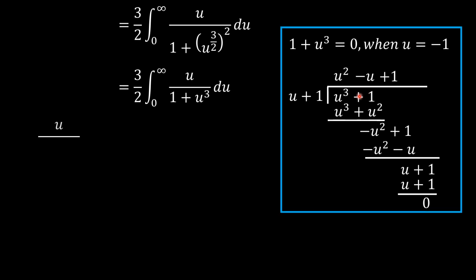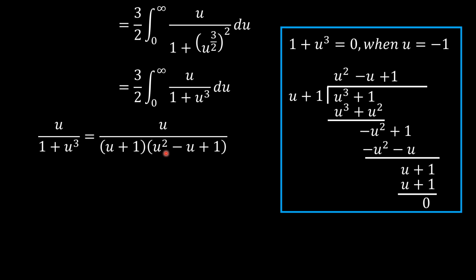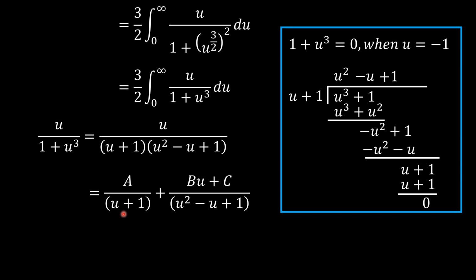So using that, we can now say our u over 1 plus u cubed is the same as u over u plus 1 times u squared minus u plus 1. And so one thing we could do is express this in a partial fraction format. So we have a over u plus 1 plus b u plus c over u squared minus u plus 1.